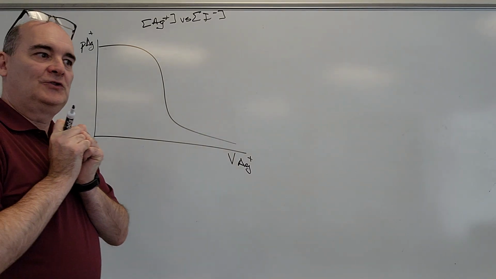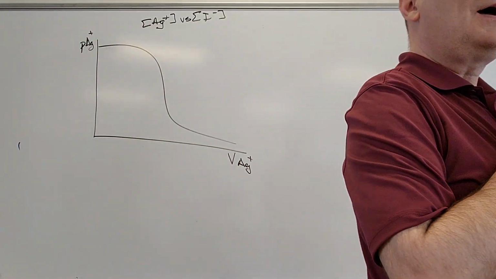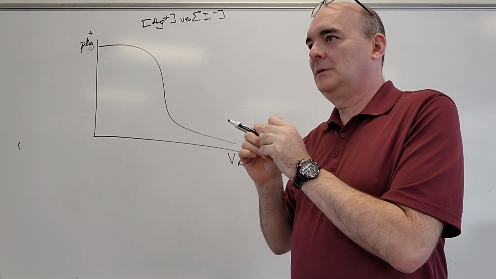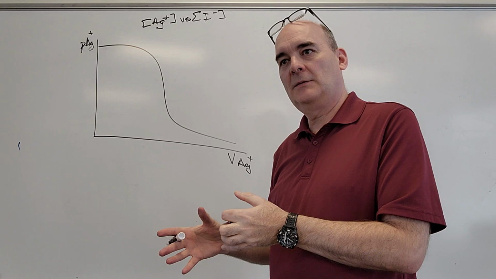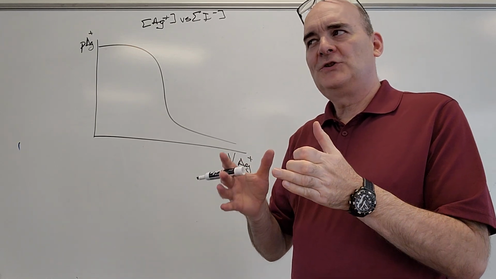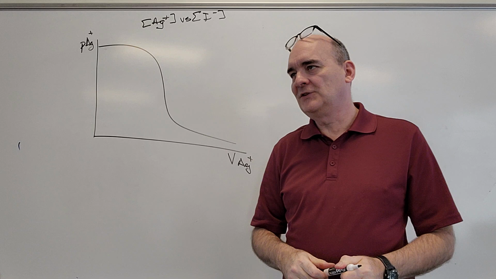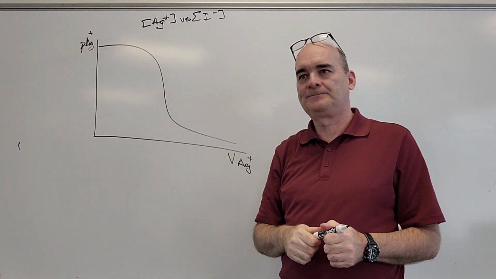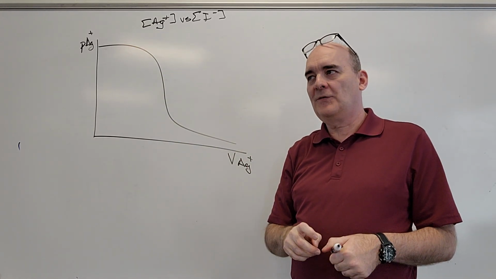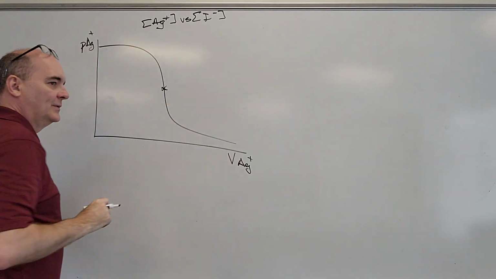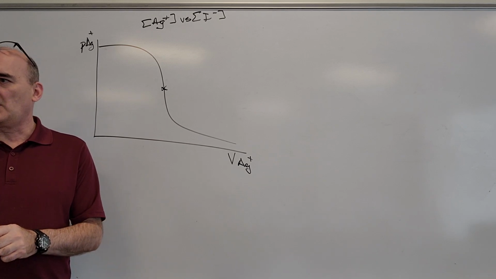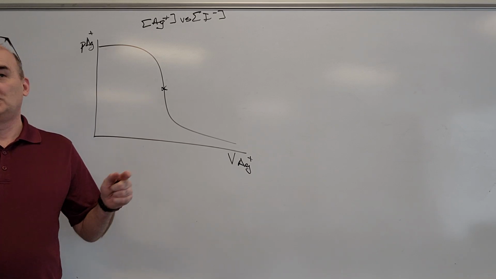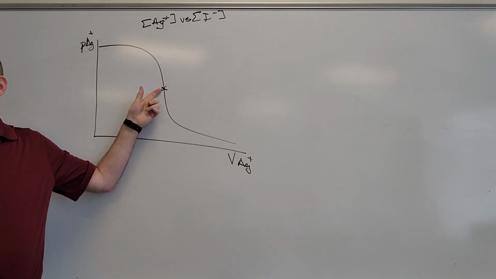Would it change, if I change the concentration of the iodide solution that I'm titrating the silver against, the fact that equivalence happens when the moles of silver equal the moles of iodide? No. So that central point is shared on all of the graphs.